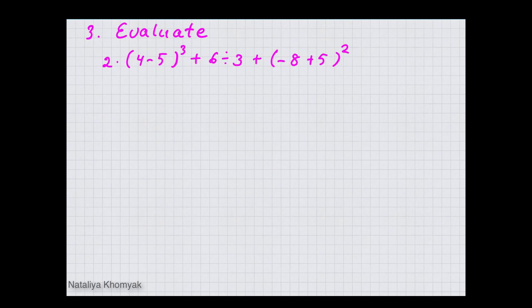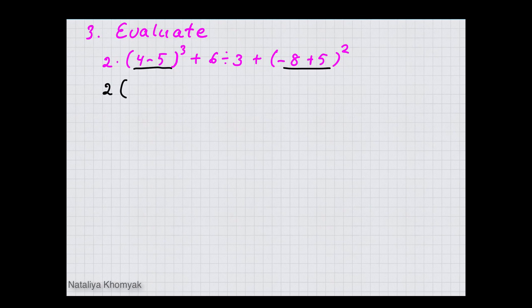Evaluate 2 times 4 minus 5 to the third plus 6 divided by 3 plus negative 8 plus 5 to the second power. So the very first thing to do is to simplify inside of the parentheses. And we have numbers that we can combine inside of each of these parentheses.